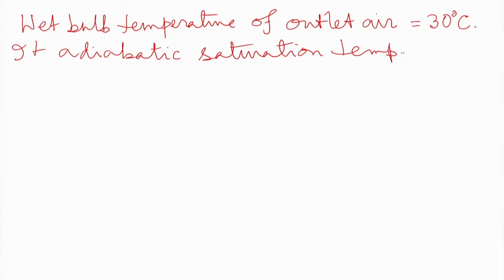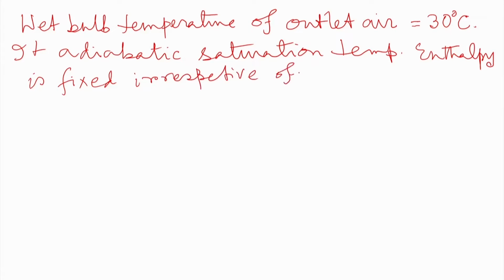So, in that case, as it is the adiabatic saturation temperature, whatever the enthalpy value is, that is actually fixed. The enthalpy at this condition is now fixed, irrespective of the temperature.